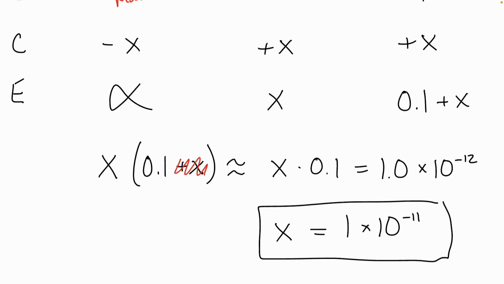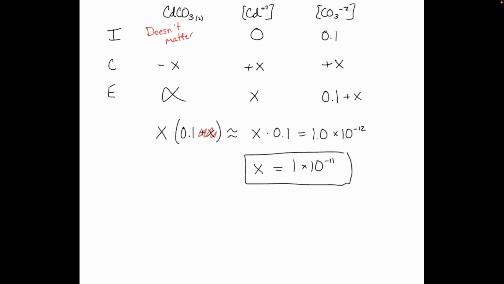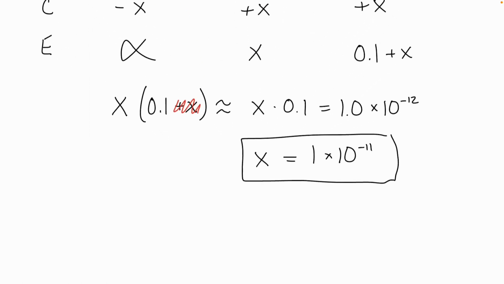All right? So when I had pure water, I was able to get 1 times 10 to the negative 6 moles of cadmium to dissolve in a liter, which is not a large amount, right? A very tiny amount. But when I have a solution with a common ion in there, that decreased by like 5 orders of magnitude, right? It went from 1 times 10 to the negative 6 to 1 times 10 to the negative 11, a super teeny tiny number, okay?